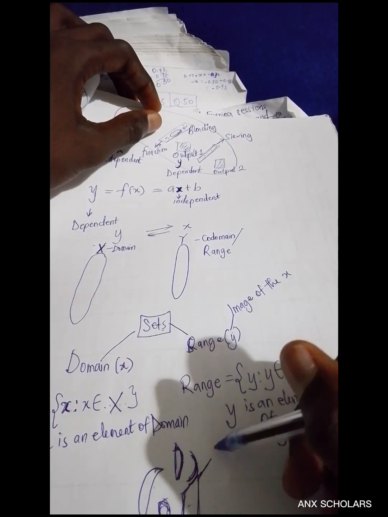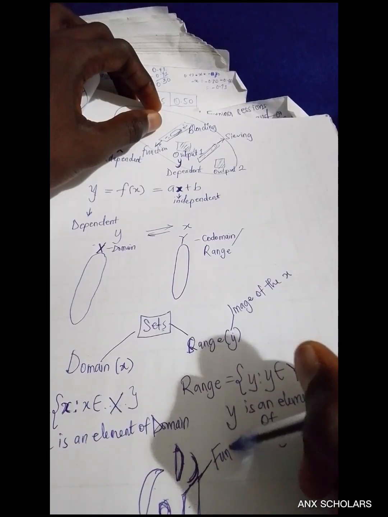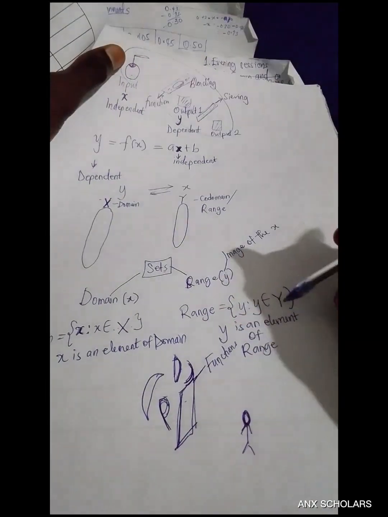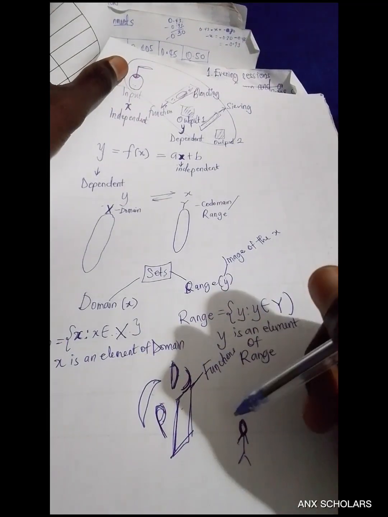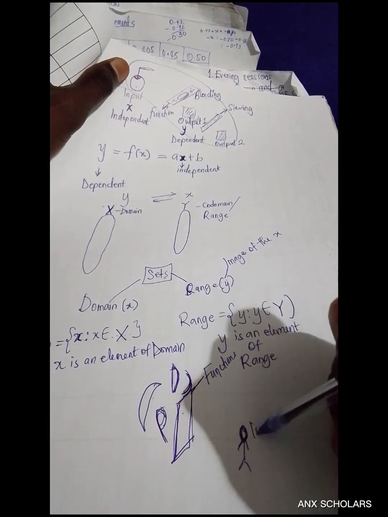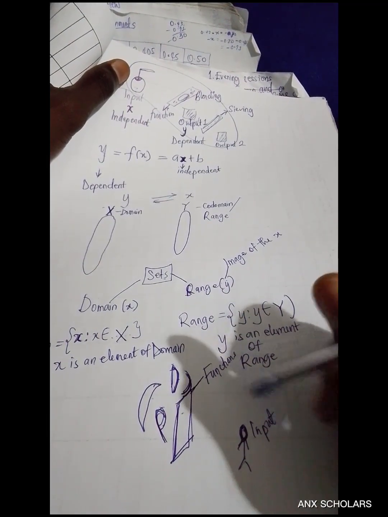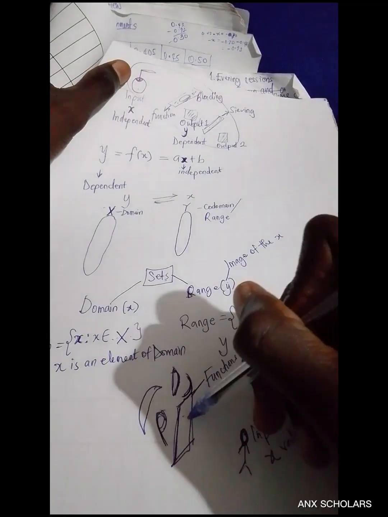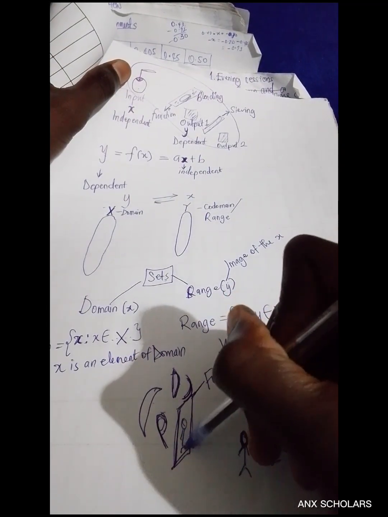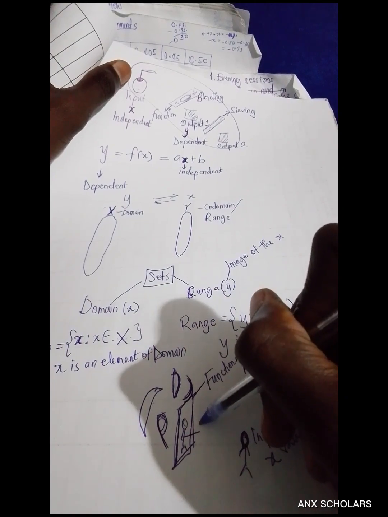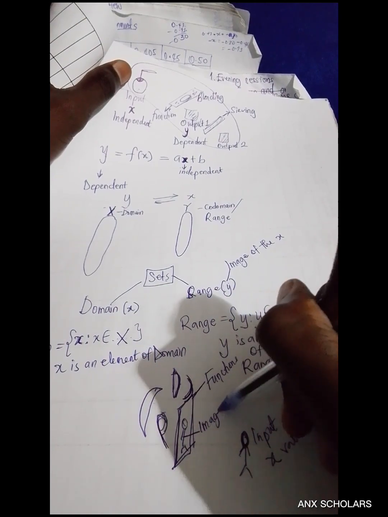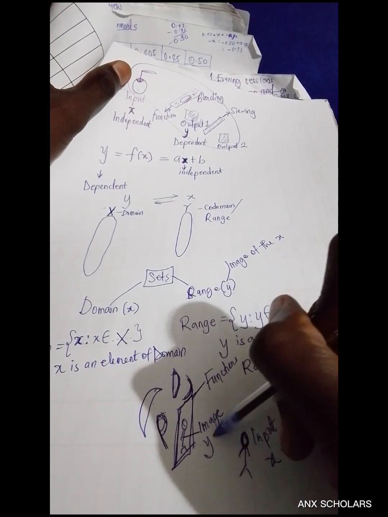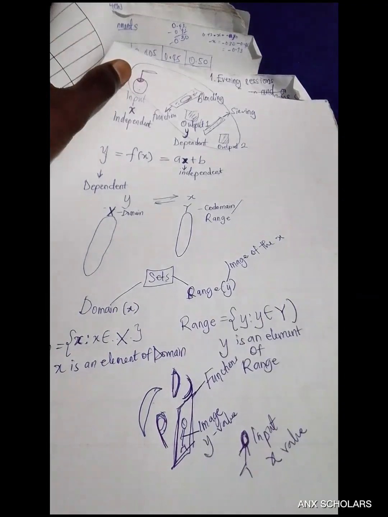This type of mirror is now what I regard as functions. And this is the input, which is the x value, and the image, which is the y value.